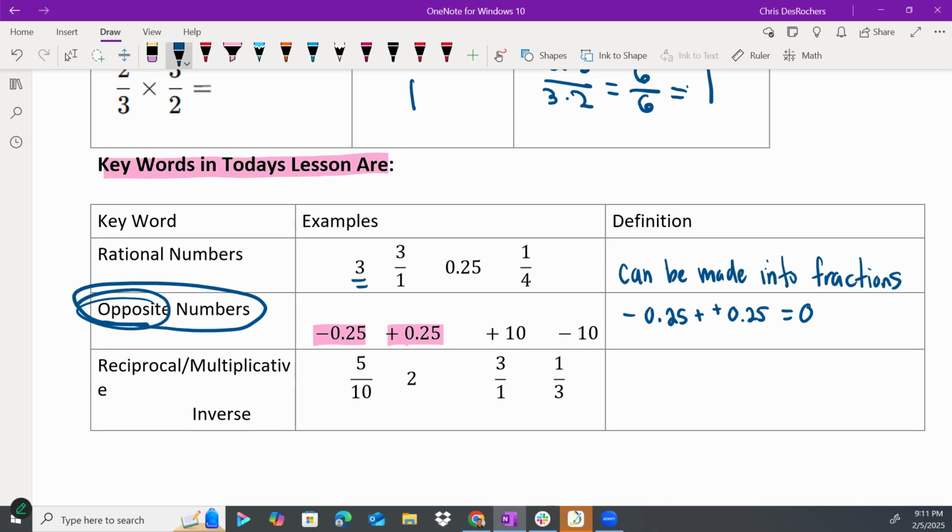And similarly, if we had plus 10 and we added a negative 10, since these have the same value, they're both 10, and they have the opposite sign or opposite direction, so one's positive, one's negative, then positive 10 added to a negative 10 is going to also be 0.